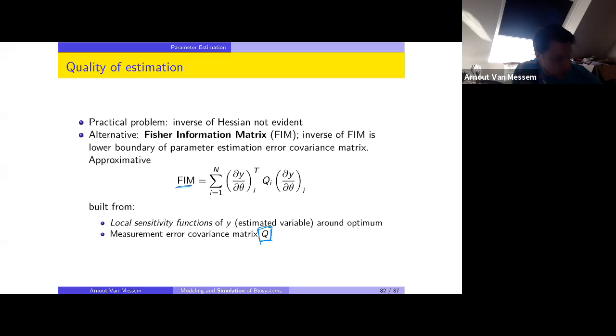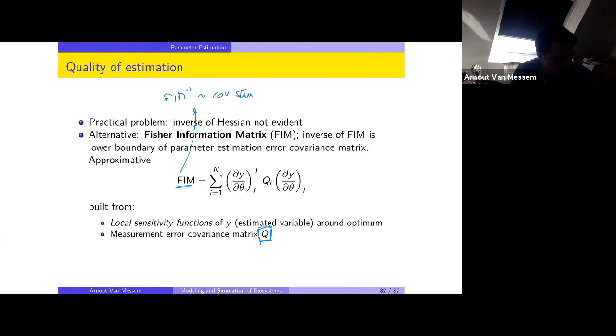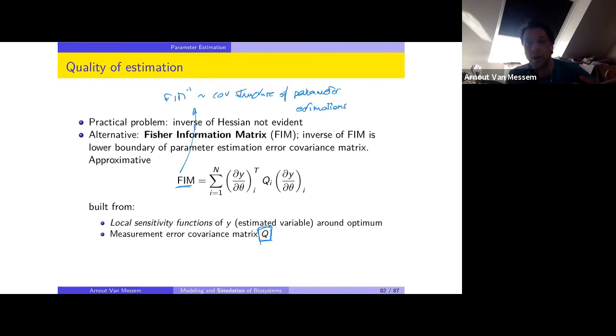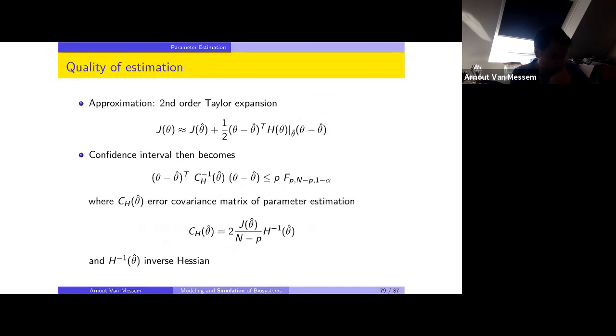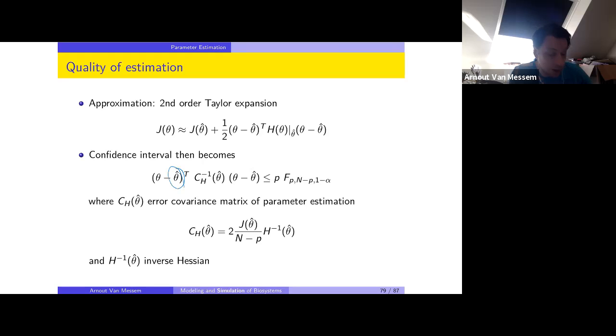The Fisher information matrix, or at least the inverse of the Fisher information matrix, so FIM minus 1, will give me information on the covariance structure of the parameter estimations, and not on the data itself. Because if we go back, we were trying to calculate a confidence interval for the parameter estimation. So we were looking for a confidence interval for this tau hat.